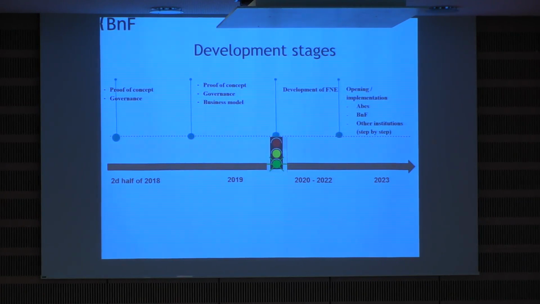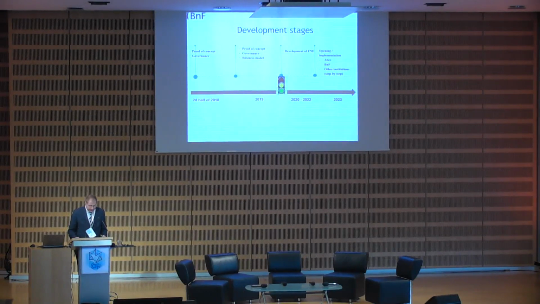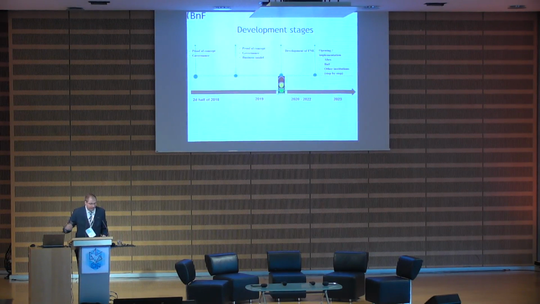So this is a schedule in principle. We are beginning to work on a proof of concept using Wikibase infrastructure, and this work will go on until the end of 2019. And in the meantime, we have to think about governance and business model.